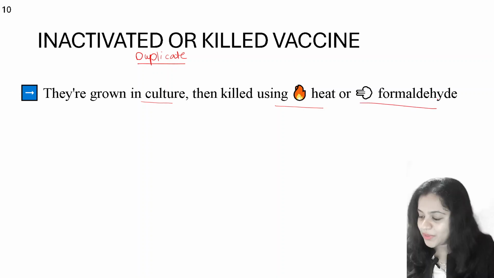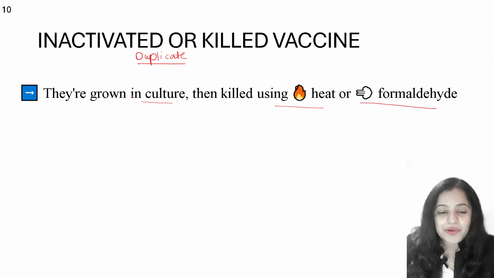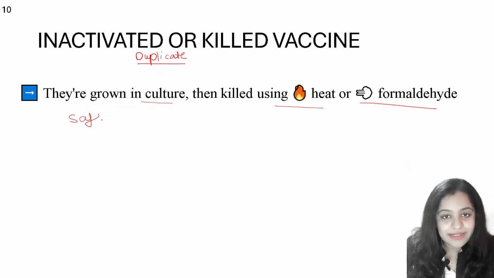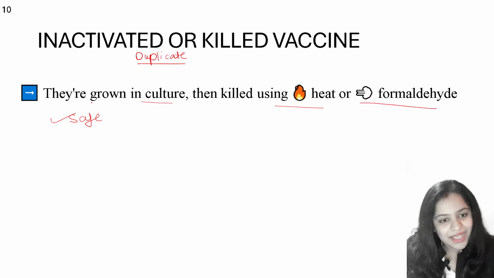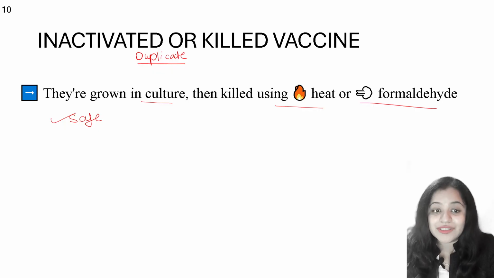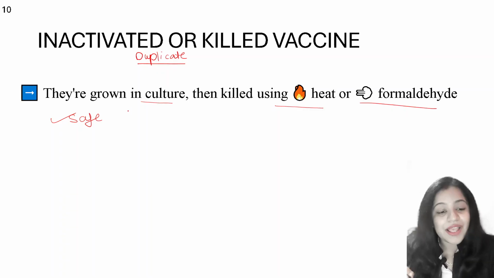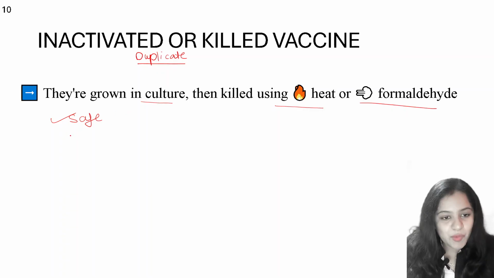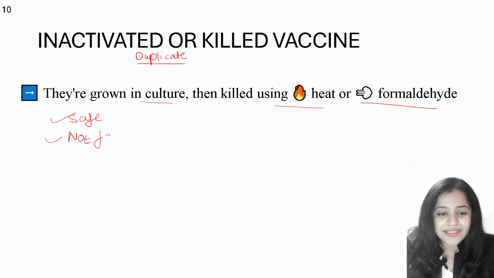Okay. Now for inactivated or killed vaccine, let's see some points. Is it safe? Yes, it's very safe. It's actually safer than your live vaccine. Why? Because there is no risk of reverting back to virulence. It's already killed. Second point, does it work fast? No. Not as fast as your live vaccine.